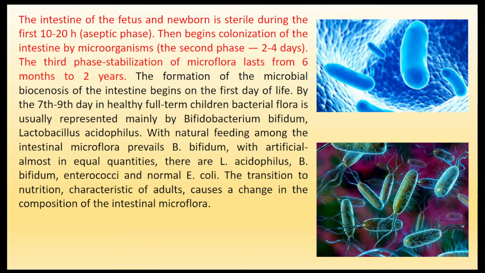With natural feeding, the intestinal microflora is prevalently Bifidobacterium bifidum; with artificial feeding, there are almost equal quantities of Lactobacillus acidophilus, Bifidobacterium bifidum, Enterococci, and normal Escherichia coli. The transition to nutrition characteristic of adults causes a change in the composition of intestinal microflora.